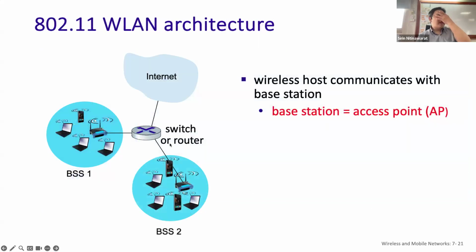Okay. So again, for Wi-Fi, the infrastructure device is the base station, the access point. We call it base station as well to conform with the cellular network. But for Wi-Fi, we know that it's the access point.